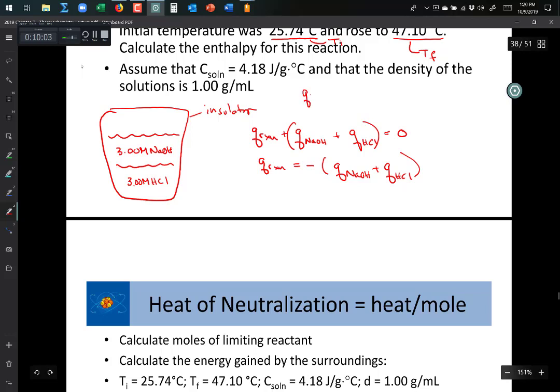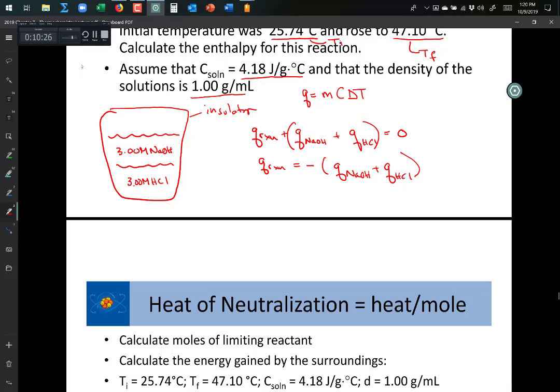You know Q is equal to mc delta T. And what is given in the problem, they say assume that the solution, right, is that specific heat. There's my C, and here's my density, but it turns out that I don't need it because I just gave you the data in grams.